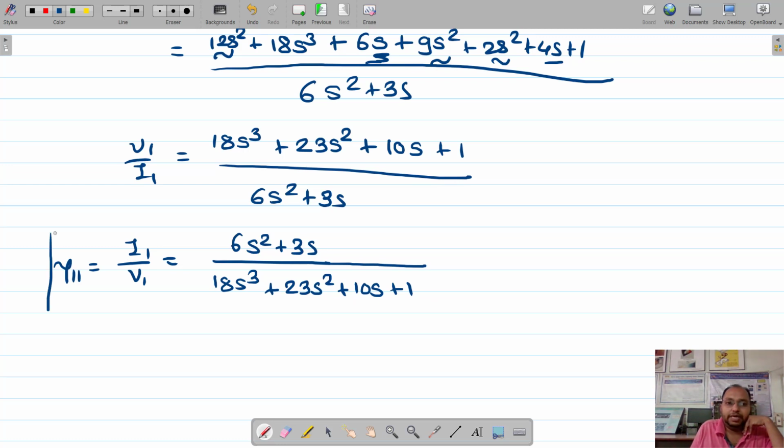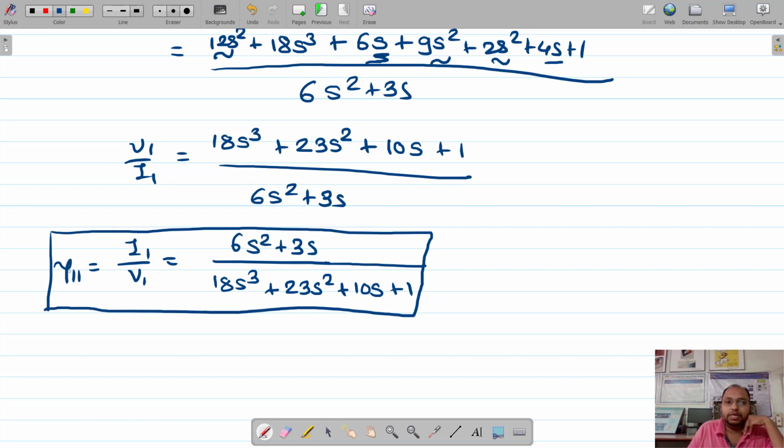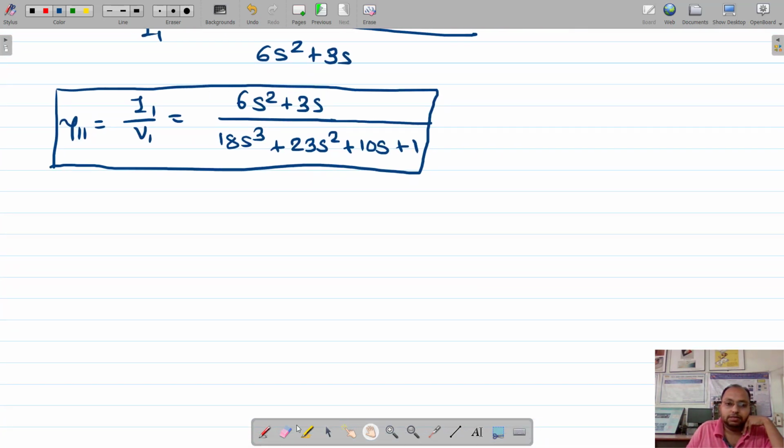So this is my first parameter. Then express the I1 in terms of V1. Okay, so let us express I1 in terms of V1, so that we can have the V1 term, and we can take this V1 term to the left hand side, and then finally we can find out Y21, right?